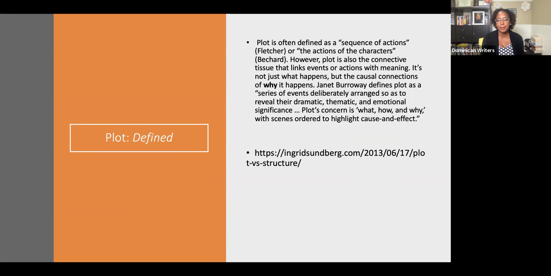You should really become interested in craft books. I've read a ton of craft books, so I invite you to become invested in learning about this and finding your own definition. But for me, plot is a sequence of events that leads to the character's transformation.